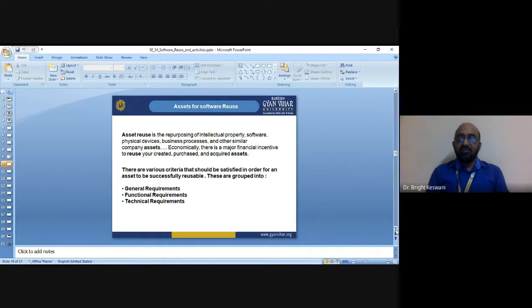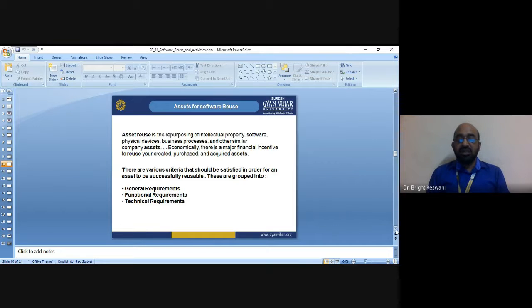And functional requirements include such concerns as which business processes it will simulate or automate, and how well it does this. Functional requirements mainly concern vertical or domain-specific assets and tend to be very specific to each information domain. When we talk about technical requirements, this refers to criteria such as interoperability, portability, communication, security, etc.